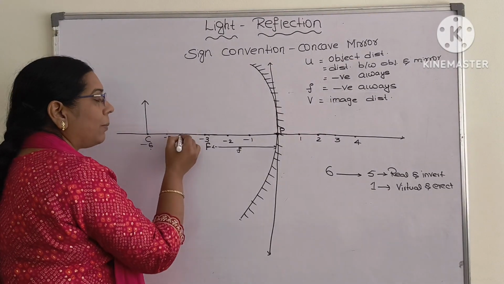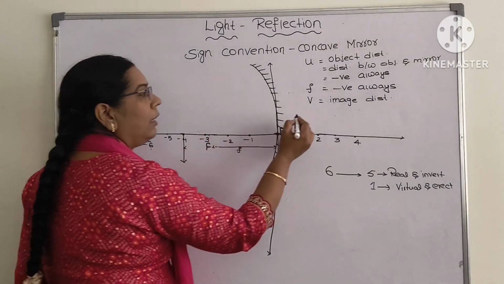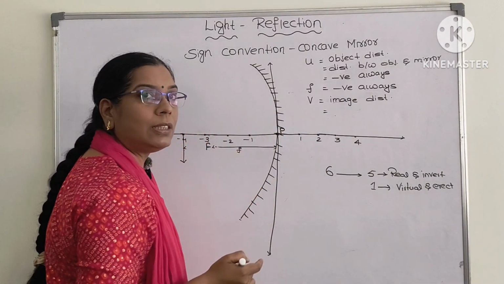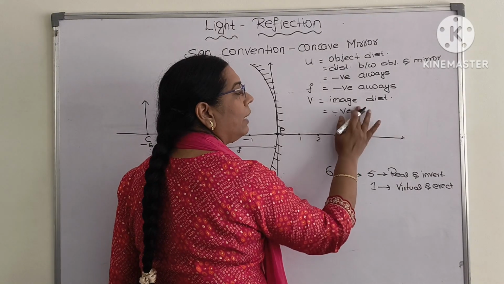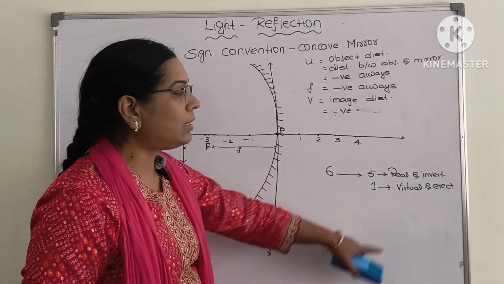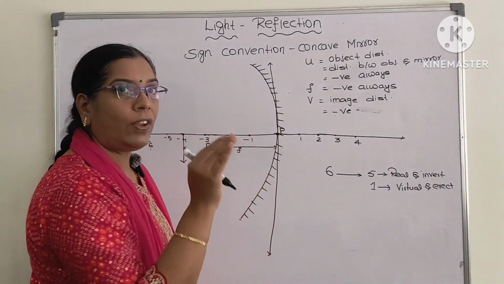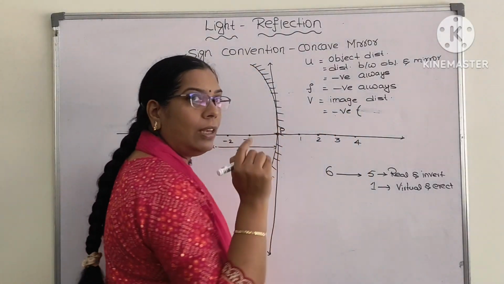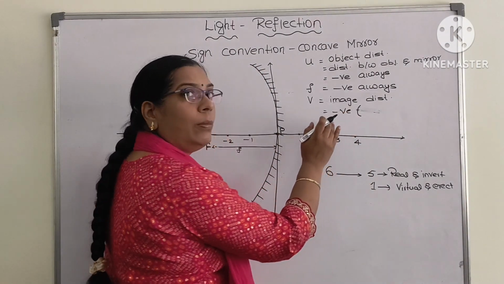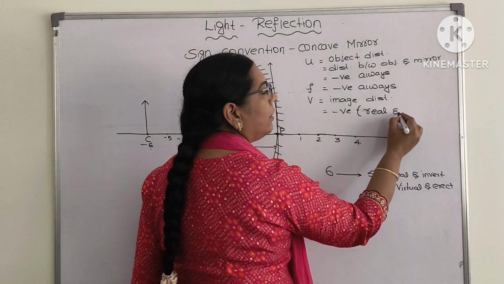This image lies on the negative x-axis, so for the image distance I will get a negative sign. When will you get a negative sign? When the image is real and inverted. So I cannot write always for v; I have limitations. When the image is real and inverted, I will get a negative sign.